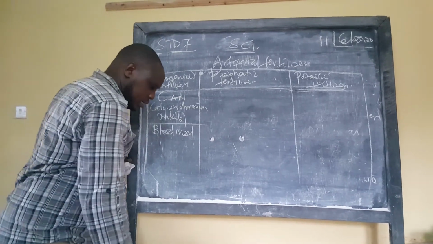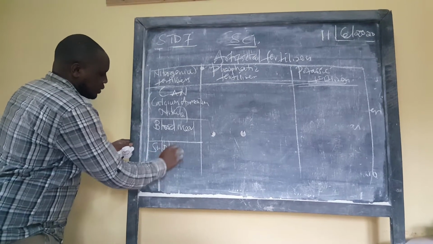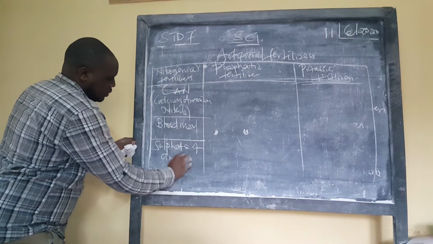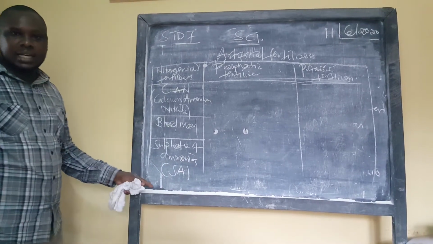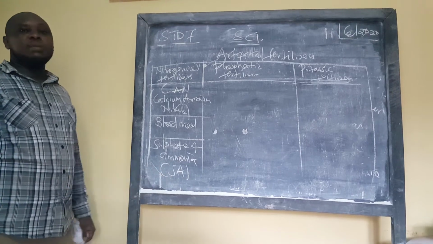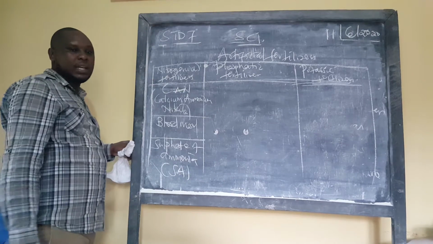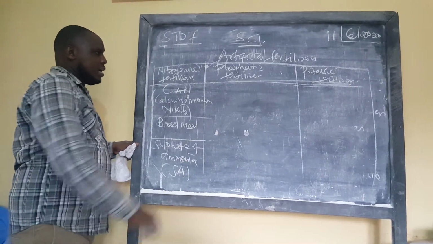And then the last one is sulfate of ammonia. Most of the time they write it as SA, but it's supposed to be in capital letters, SA. If you see SA, that means sulfate of ammonia. The "of" is not there in this particular SA. So sulfate of ammonia is a nitrogenous fertilizer.